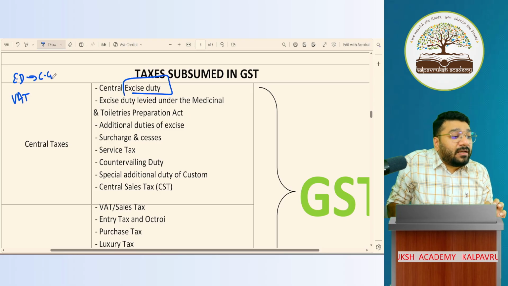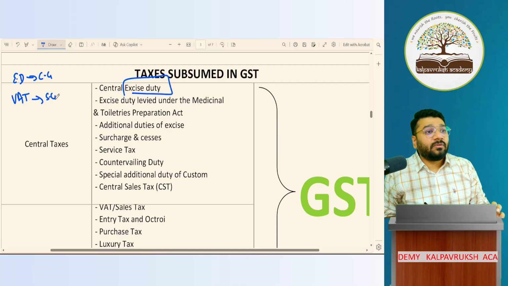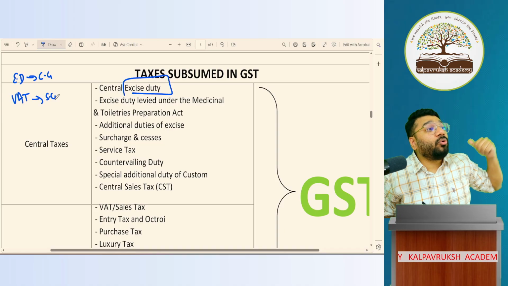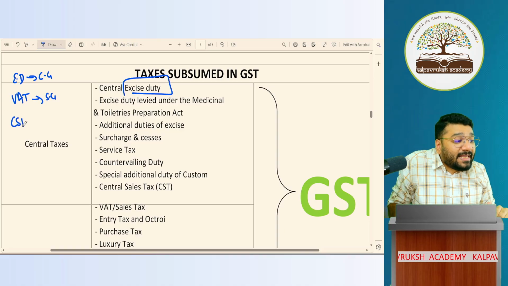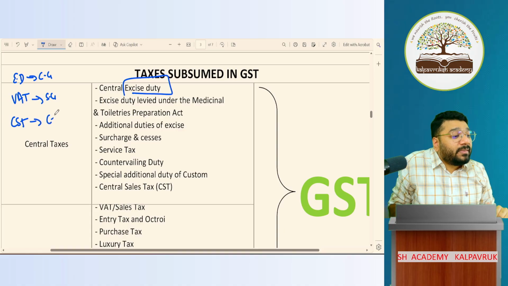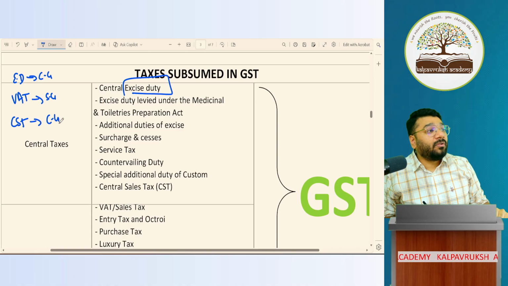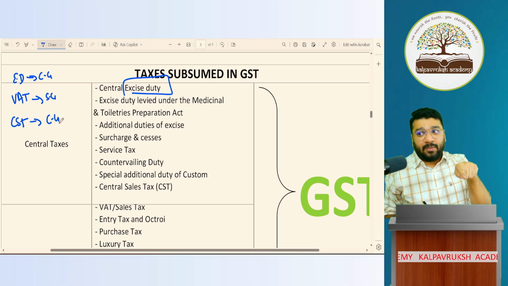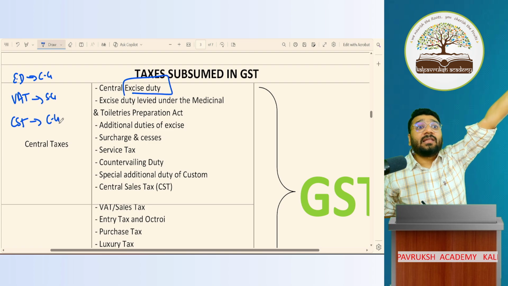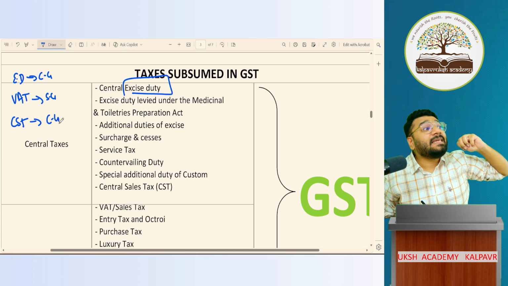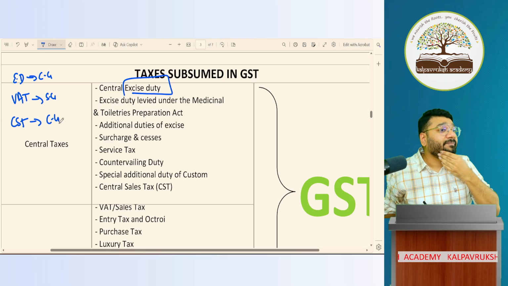Excise duty I pay to the central government, VAT I pay to the state government. If I'm selling the same tire to another state, I have to pay CST, to the central government. So when I manufacture I pay ED, if I sell locally I pay VAT, and if I sell in another state I pay CST.